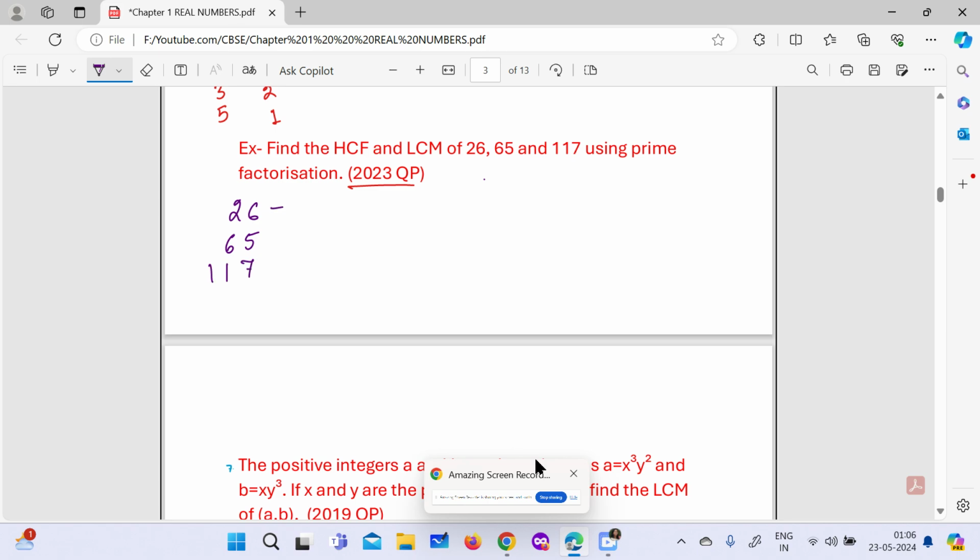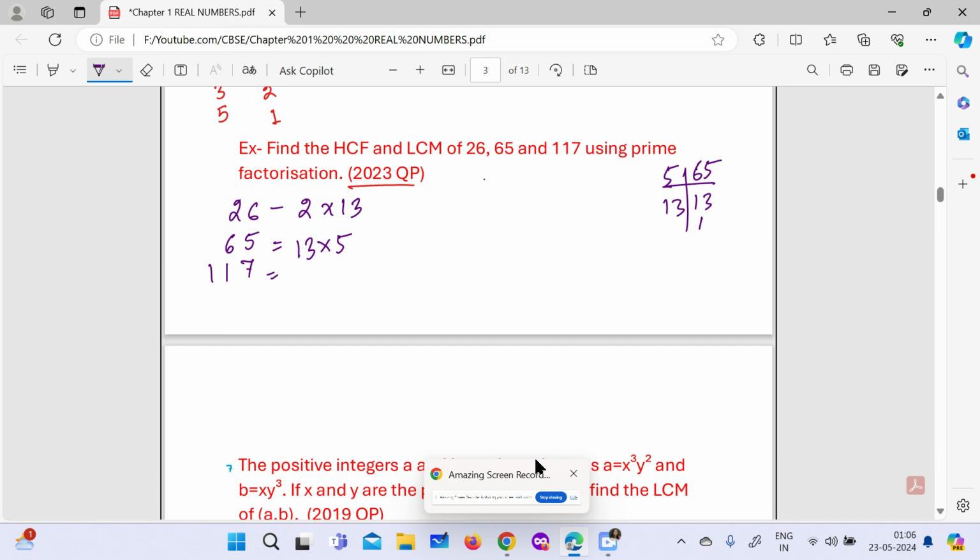So we will write the prime factors of 26. This is easy, we know it already. That is 2 times 13, 13 twos are 26. Then for 65, this is also very simple. It is nothing but 13 times 5.